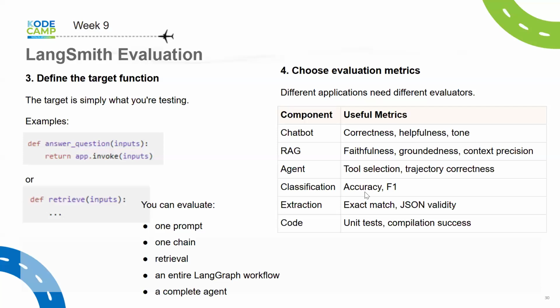Accuracy is just a measure of how many did it successfully classify divided by the total number that you gave it to classify. That's accuracy, right? But F1 is a more nuanced score that is based on not just how many it was able to classify correctly, but you also include how many it misclassified in that factor, right?